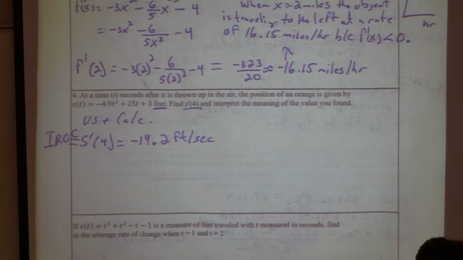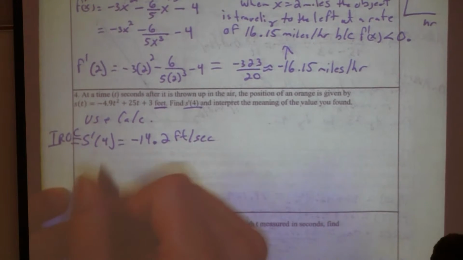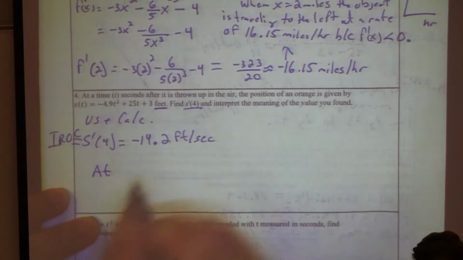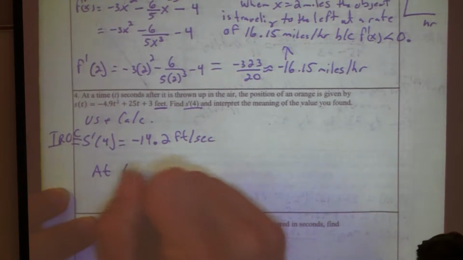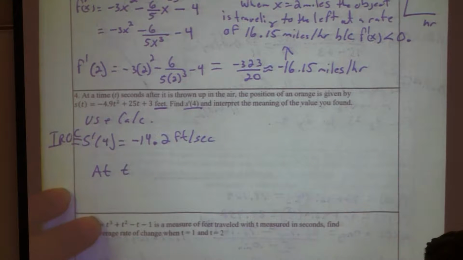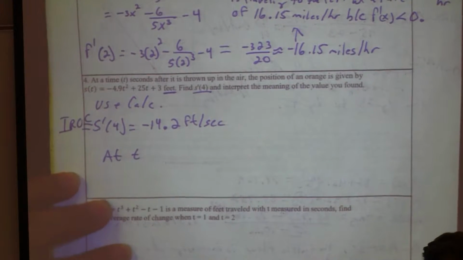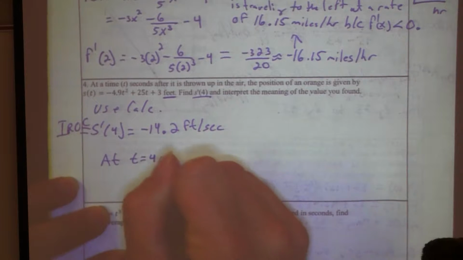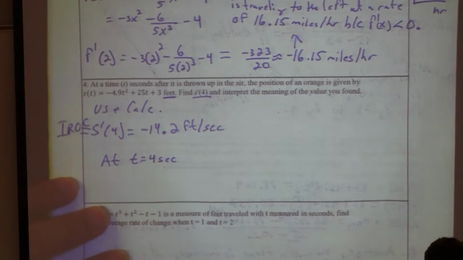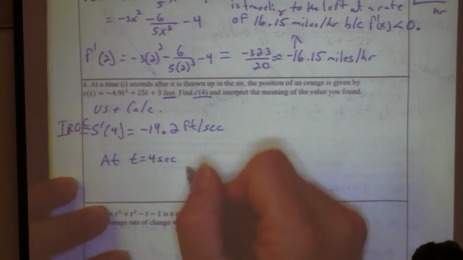Now interpret this. What is this telling me? S prime of 4. You need to give me a specific time because it's an instantaneous rate of change. So at t equals 4 seconds, what's happening?